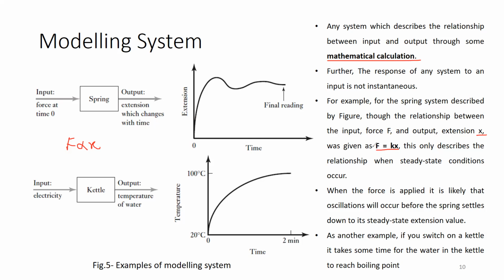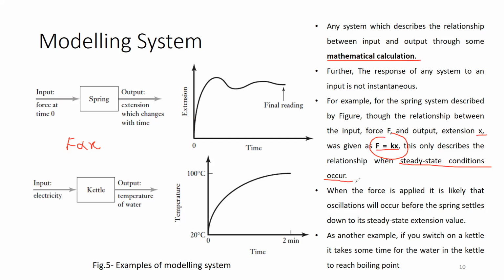Okay, but every system or a modeling system is influenced by time, because whenever some force is applied to the spring or any system which you take, consider the mathematical relationship which we have considered here, or any other mathematical relation also, that relation is basically applicable to steady state conditions when the system has become steady state.